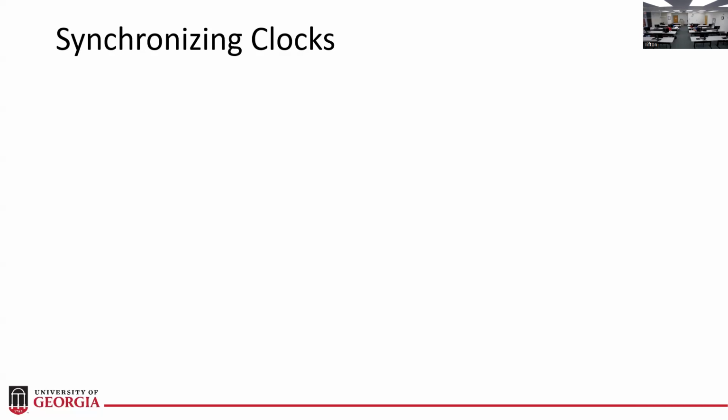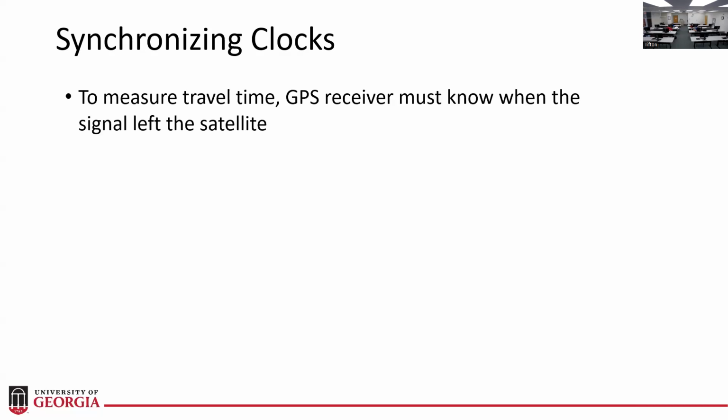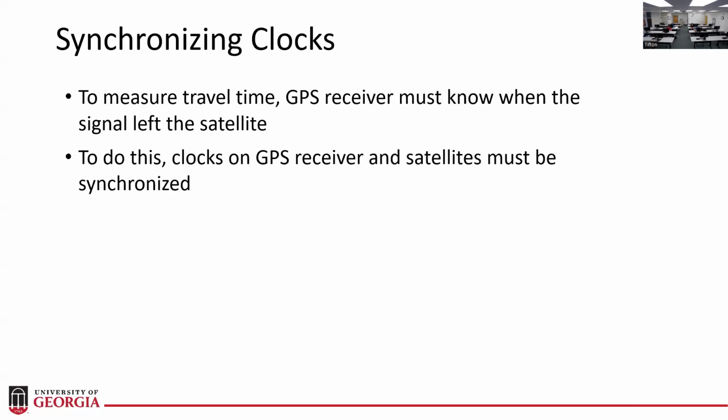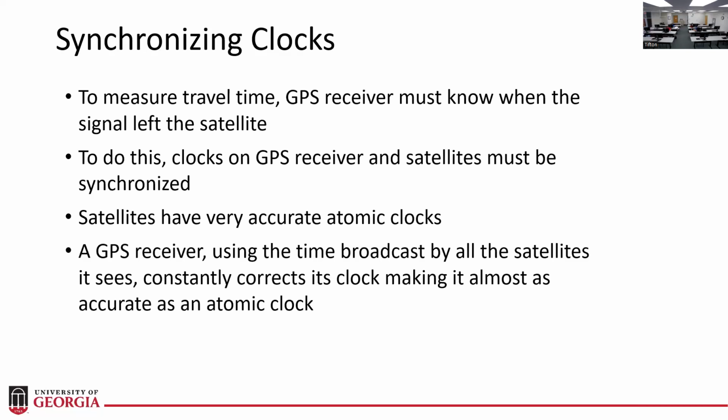Because your GPS receiver does not have an atomic clock. Because of that, we have to synchronize our GPS receiver clocks with the satellite atomic clock, so we can mitigate the errors that can be added to your position calculation because of errors in your GPS receiver clock.